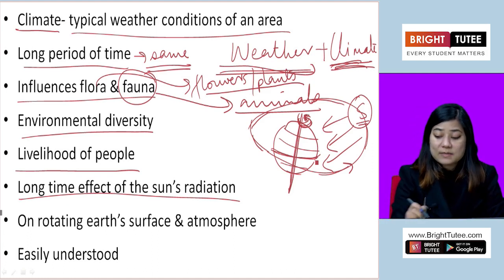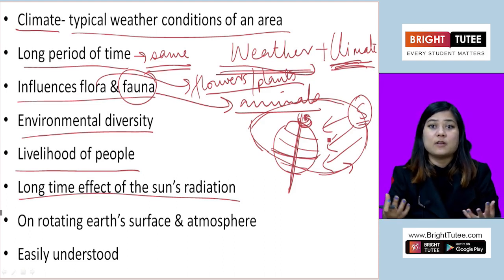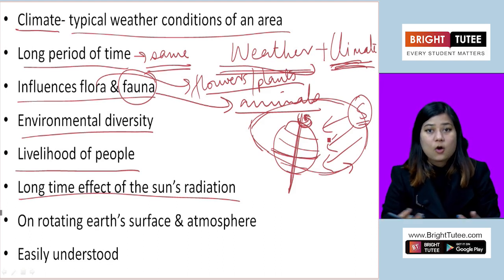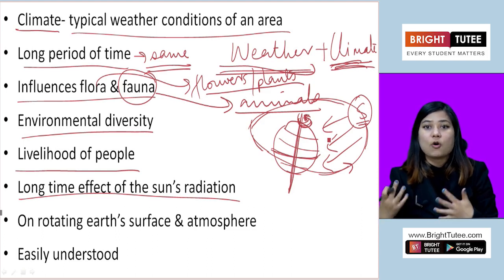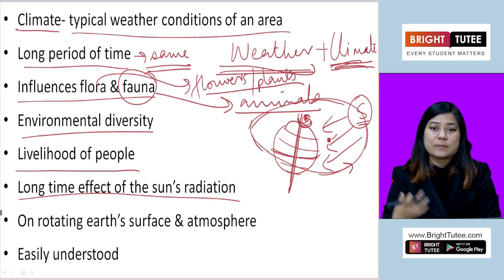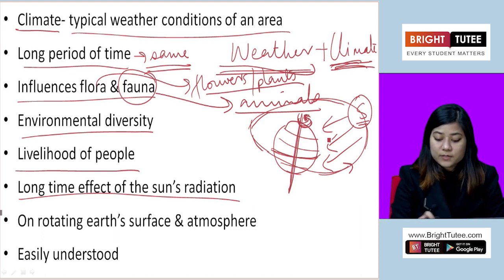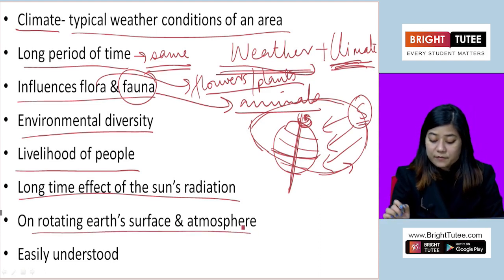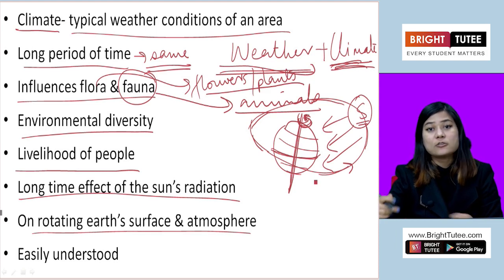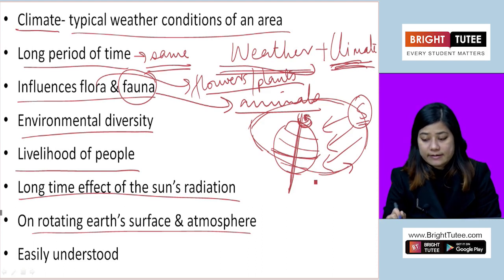That effect takes a long time. It does not develop over one night, one week, or one month, okay. The effect is the result of radiation that takes place for a long time. So that effect of the sun's radiation on the rotating Earth's surface and atmosphere causes the climate of that particular area. Okay.